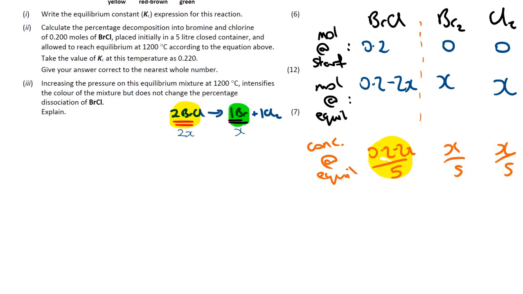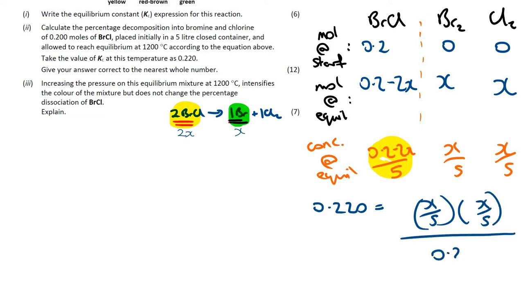So our Kc here is 0.220. That's equal to x over 5 times x over 5 all divided by 0.2 minus 2x all over 5. Now, in Kc I have to square this concentration, so that's squared. But what you can see is that that 5 is going to cancel with that 5 squared. So I don't need to include the 5.